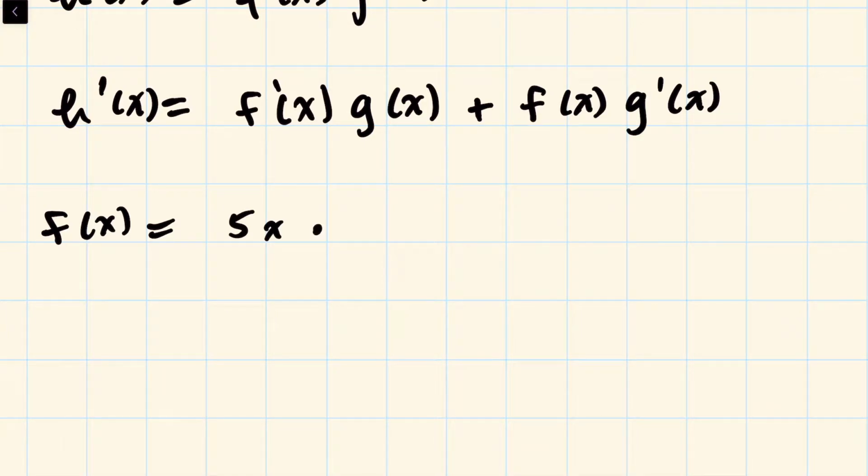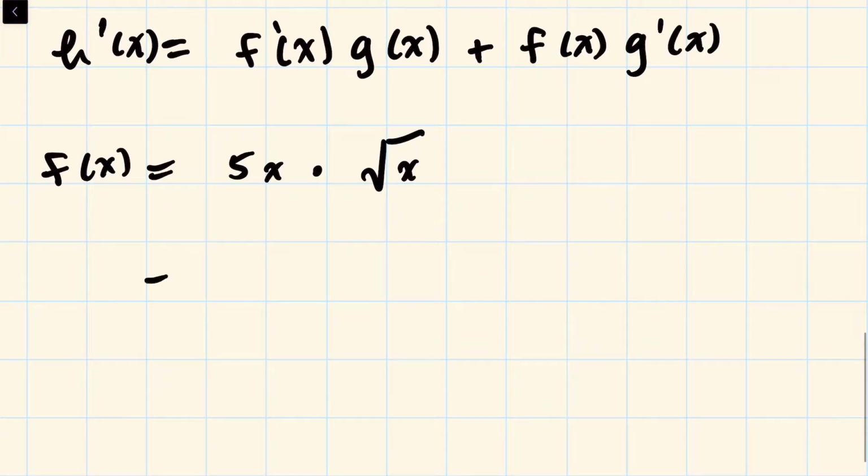I'll just say 5x multiplied by root x. Okay. In this case, it might just be easier to kind of simplify these, but I'll just show it to you to show that the product rule works.